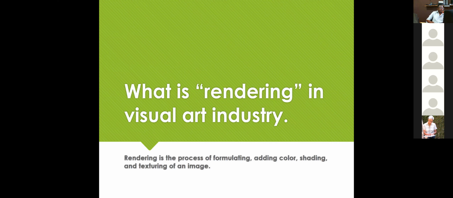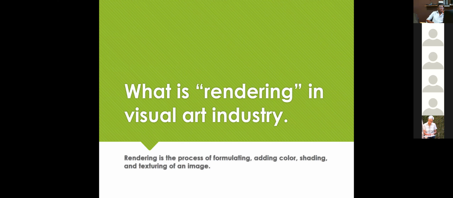But even if we're starting from the general definition, we do have, for example, rendering on a wall, meaning you're rendering concrete. So there's that term. When we say rendering, we're definitely talking about the visual art industry, so we can start there.